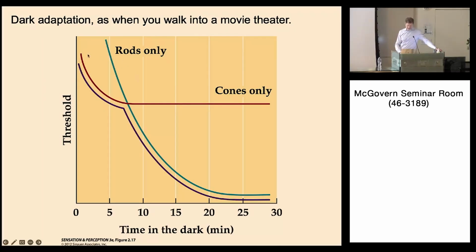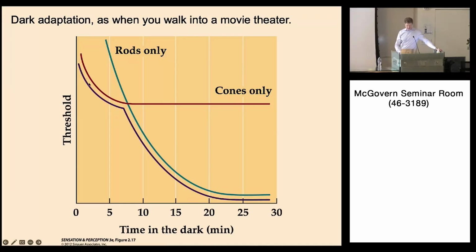As I said initially, in high light levels, your cones are the ones that are active, and your rods are saturated. So you walk into this dark room, and the cones are the photoreceptor class that determines your light sensitivity. Both types of receptors start adapting, but the sensitivity of the rods is for this initial period still going to be worse than that of the cones.